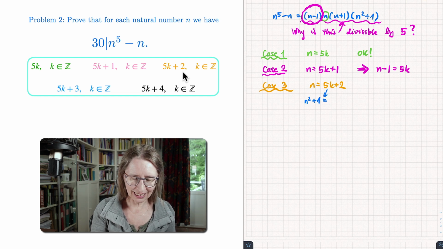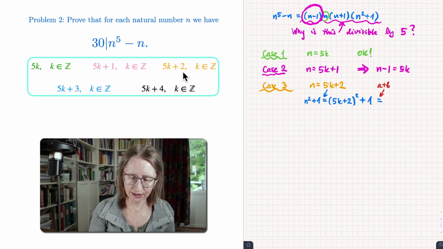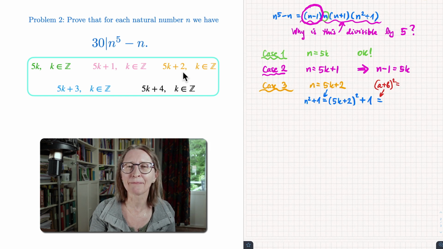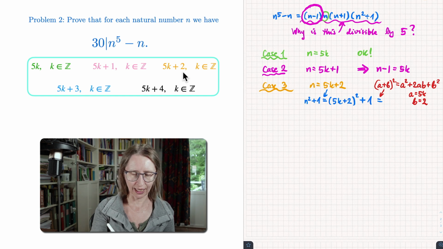Here I plug in, instead of n, 5k plus 2. And now I will use a formula which I didn't use yet. It is the formula for the square of sum. This is the first one squared plus 2 times the first times the second, plus b squared. And I will apply this formula with a equal to 5k and b equal to 2, right?